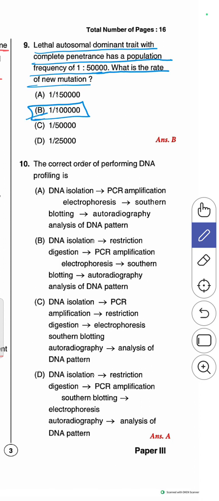Then the 10th one: the correct order of performing DNA profiling. DNA profiling is also called a forensic technique.